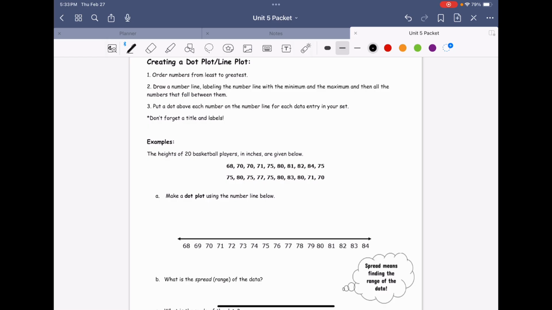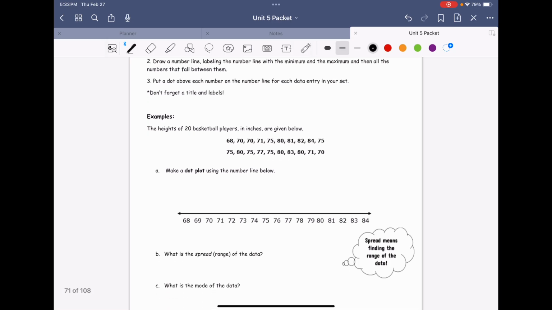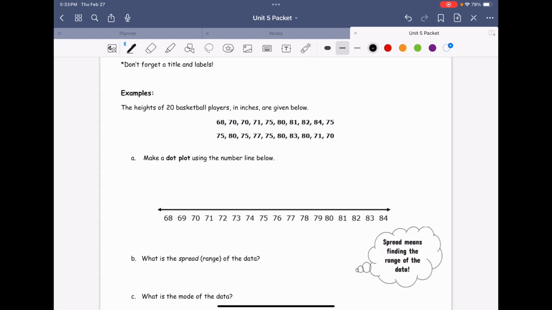So if you were making the number line, so this example gives us the number line, you would want to make sure how you are counting is going to be able to support all of the numbers that you have. So if we look here, the smallest value is going to be 68, and the highest value is going to be 84 right there. So our number line goes from 68 all the way to 84. Sometimes there will be numbers, so if there's 67 on here or 85 on here, they can be included on the number line. That just doesn't mean that they have to be in our data set.